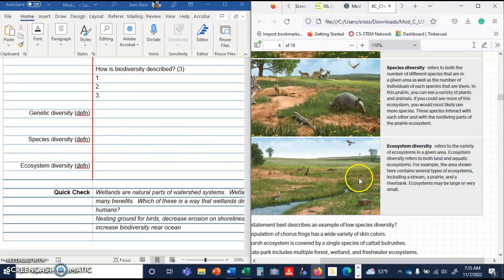So that would be the definition of species diversity. And then ecosystem diversity refers to the variety of ecosystems in a given area.